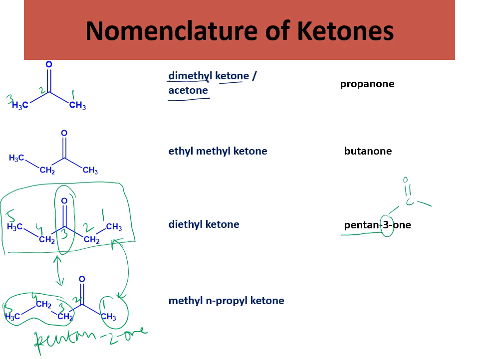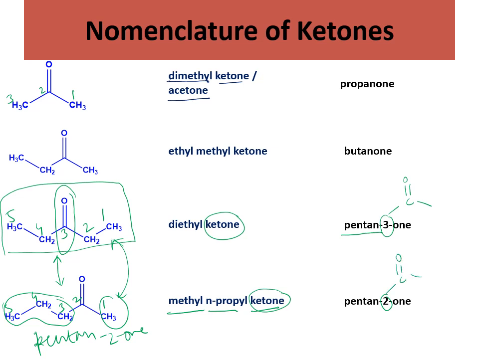Both the groups are mentioned along with the name of the family. Every time, the complete name of the family is repeated in the common name, methyl propyl ketone. And for the IUPAC name, as we have discussed, the second position contains the carbonyl this time. So this is pentane-2-one.